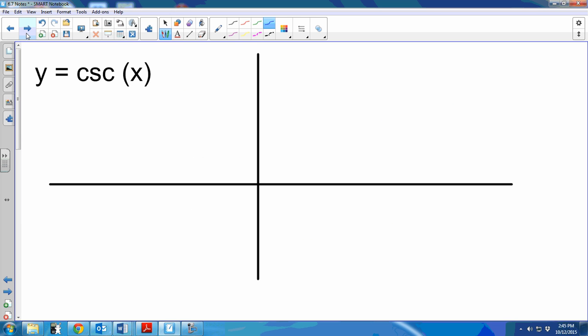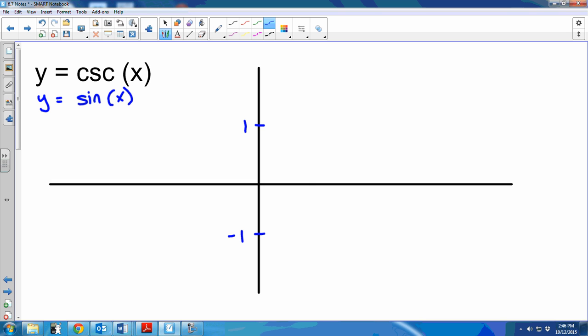All right, so if we're going to graph just basic cosecant x, so in a little bit we're going to start graphing with all the shifts and all of that, but if we're going to graph basic cosecant x, I need to graph the reciprocal sine curve first. And so we know some things about sine. We know it has a maximum at 1 and a minimum at -1.